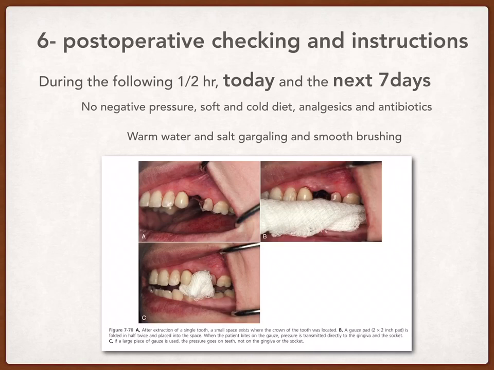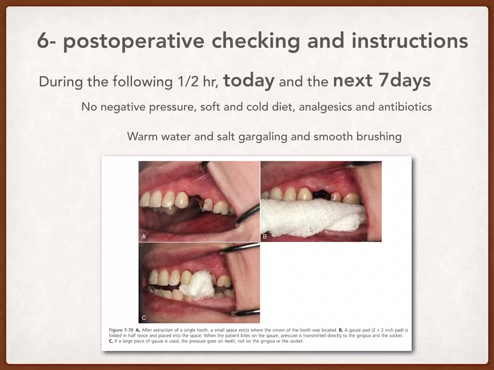So you should instruct the patient to avoid any negative pressures in his mouth, and most patients will immediately ask you, what can I eat and drink? Because people do not think only about these 2 things. So you should tell them that they can eat and drink, but only soft foods and cold drinks.